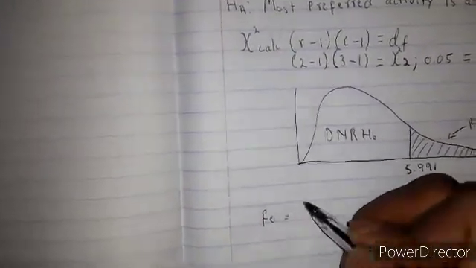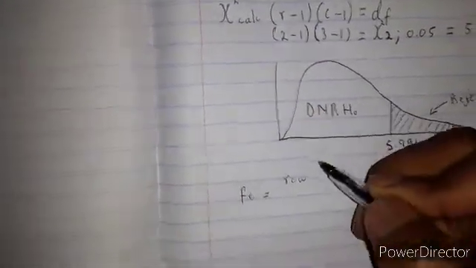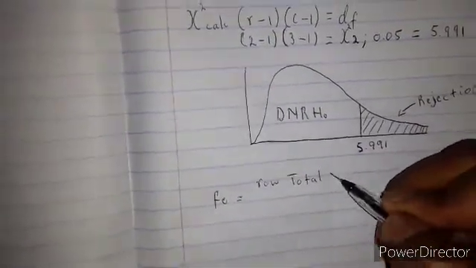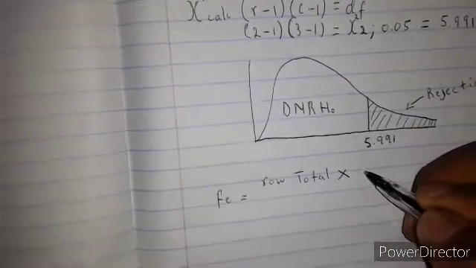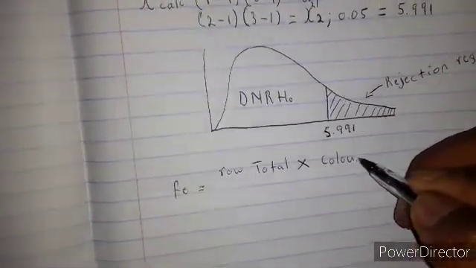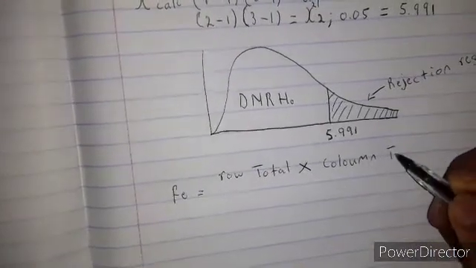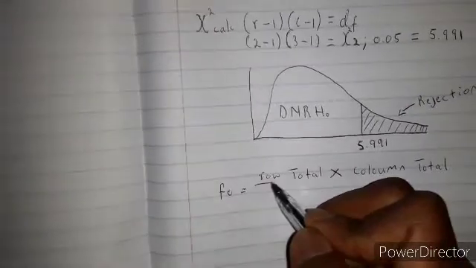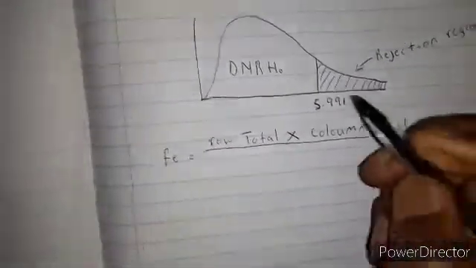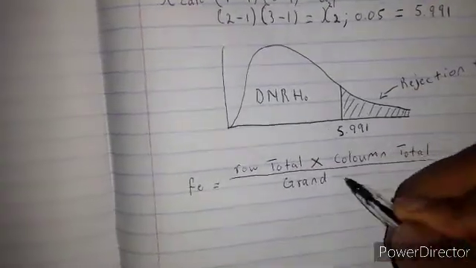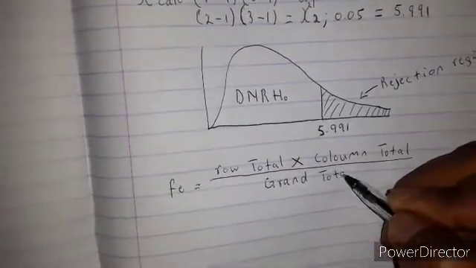FE is equal to row total multiplied by the column total, divided by the grand total.